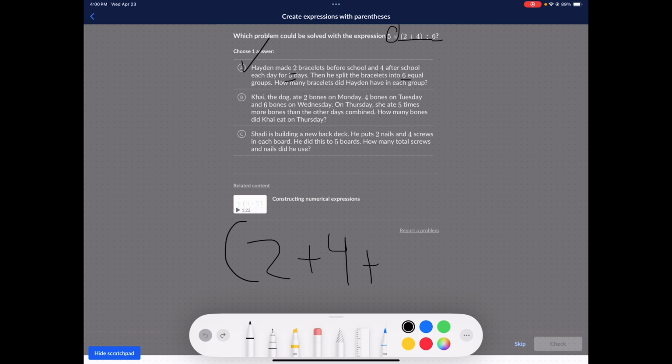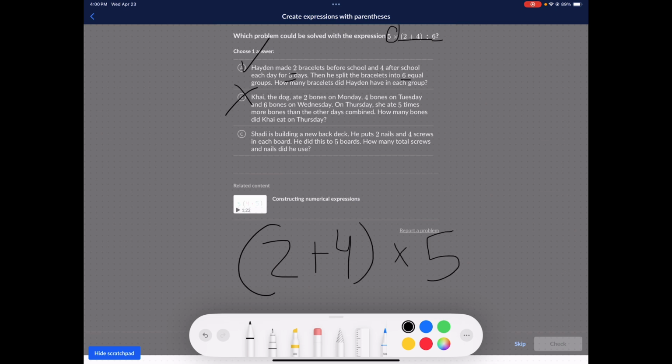Choice C. Shady is building a new back deck. He puts 2 nails and 4 screws in each board. He does this to 5 boards. How many total screws and nails did he use? So we are correct with the 2 plus 4, and he's correct with the 5 boards, but he never included the divided by 6.